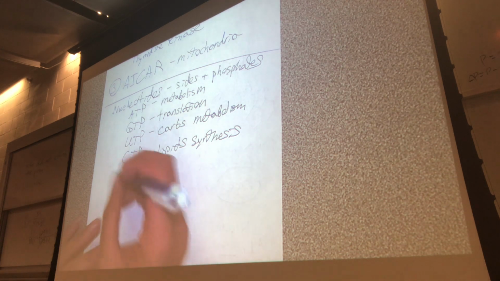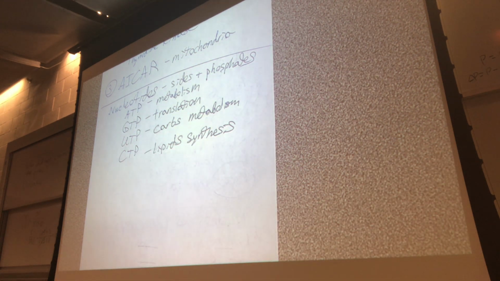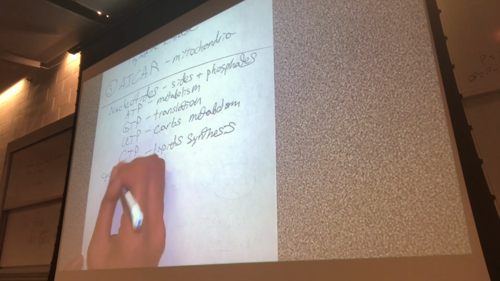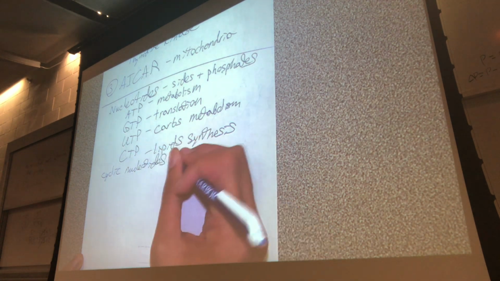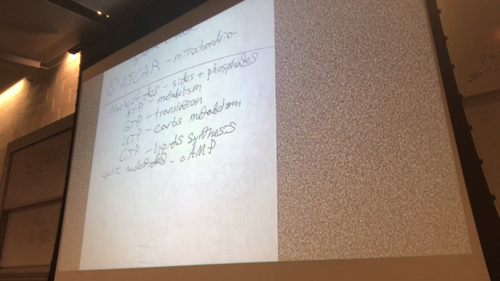Let's see. There's another one. There's another form of nucleotides called cyclic nucleotides. One example you might recognize is cyclic AMP, cyclic adenosine monophosphate, which is a signaling molecule.